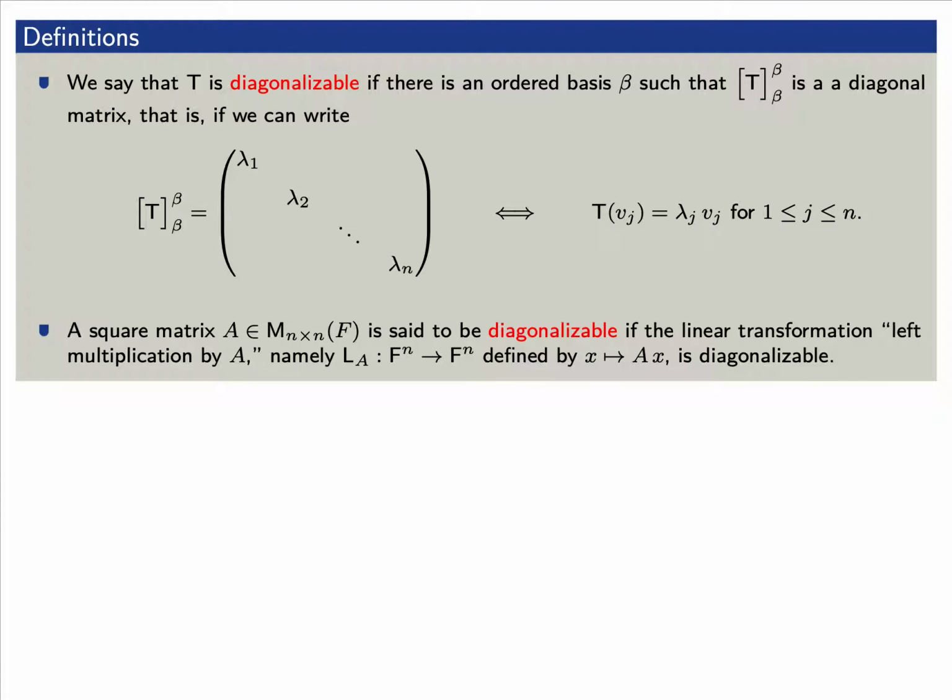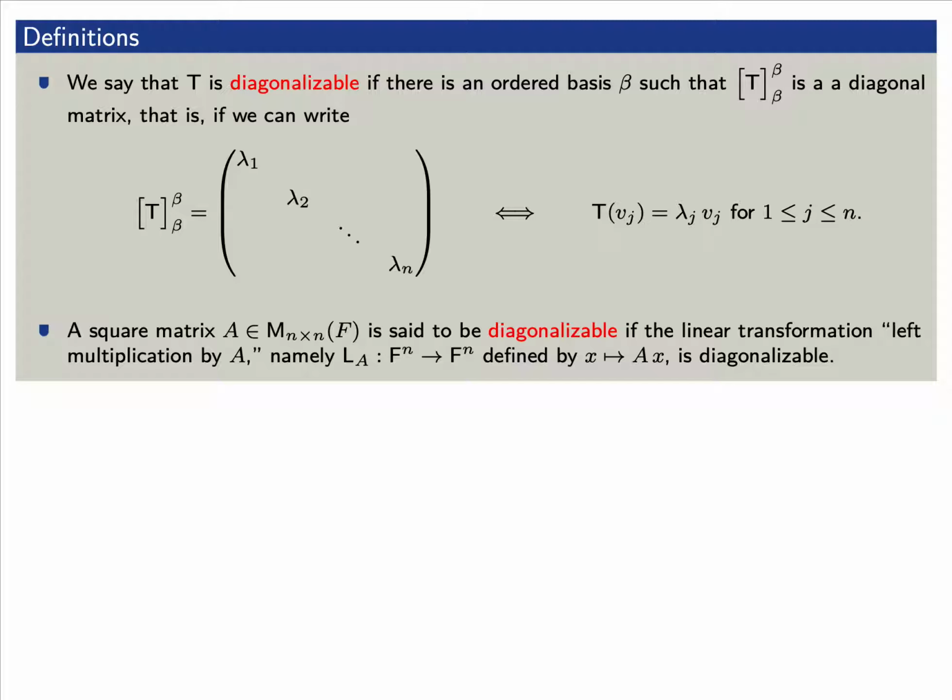Let's go a little bit further into this idea of diagonalizability. First, we'll recall our definitions. We'll say that a linear transformation T from a vector space V to itself is diagonalizable if there exists an ordered basis beta such that the matrix representation of T from beta to beta is a diagonal matrix.